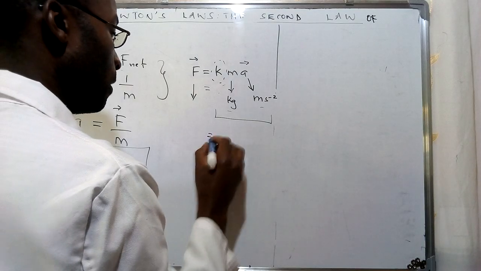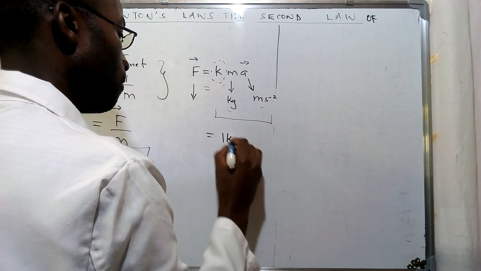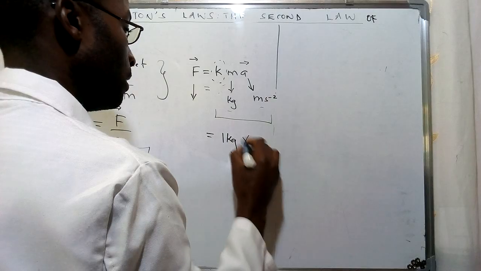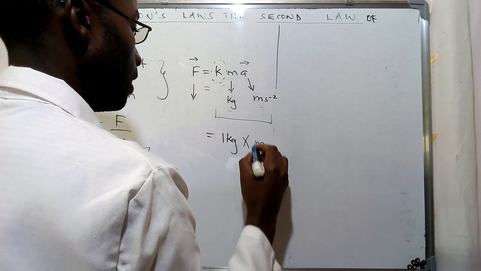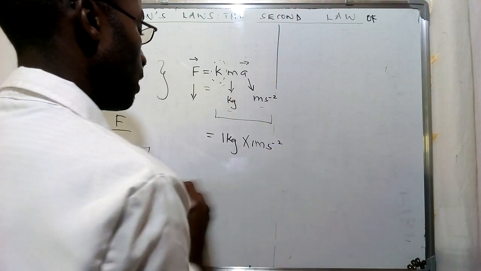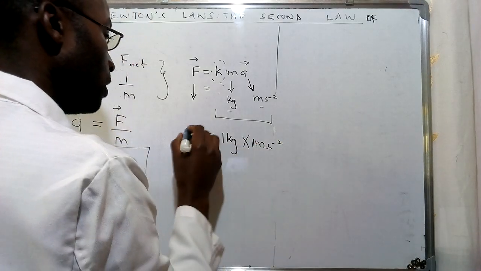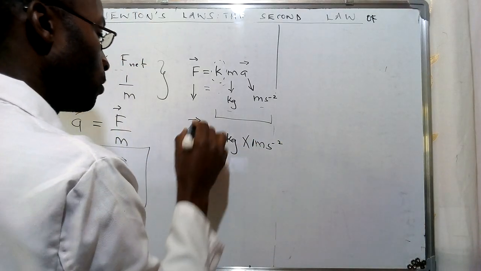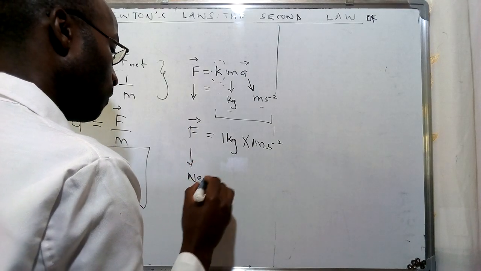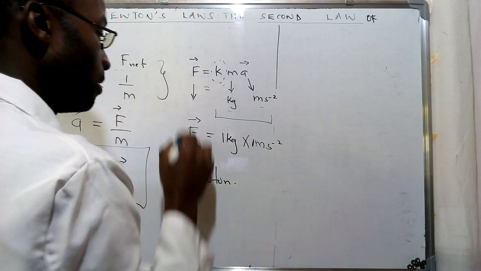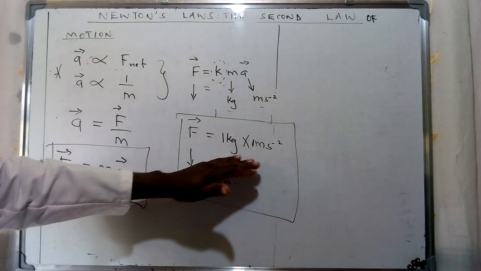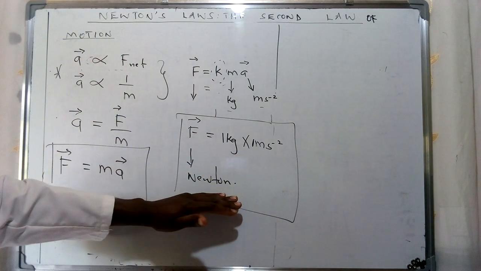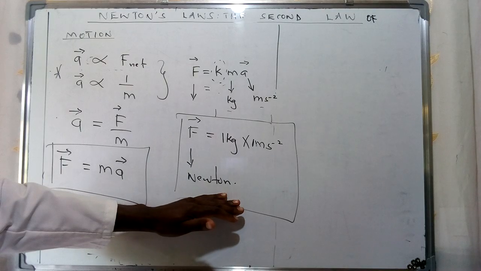So in case we have 1 kilogram of mass with an acceleration of 1 meter per square second, then we have a unit of force which we refer to as a Newton. And therefore, that can assist us to describe the concept of a Newton. So in case the units used are the standard, then we have this force given in terms of a Newton.